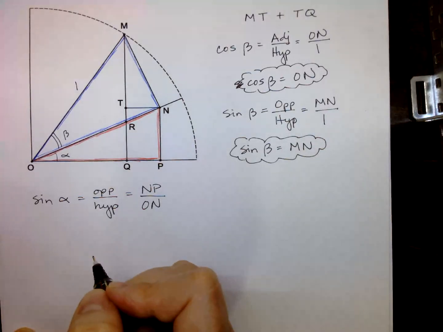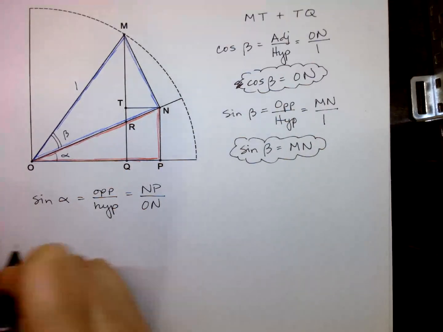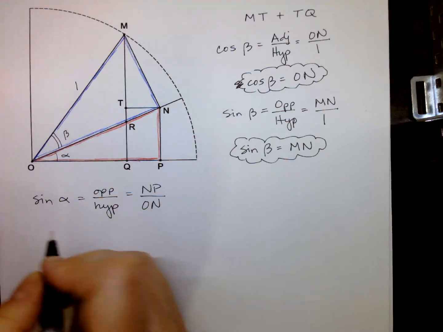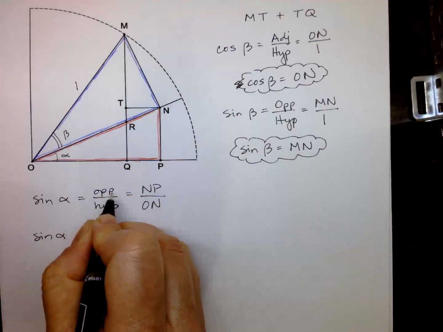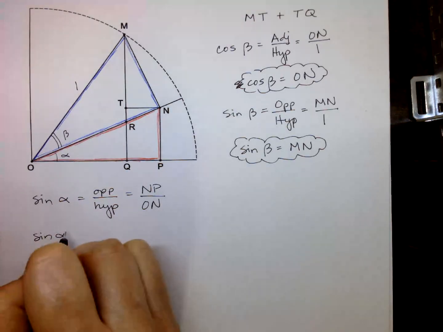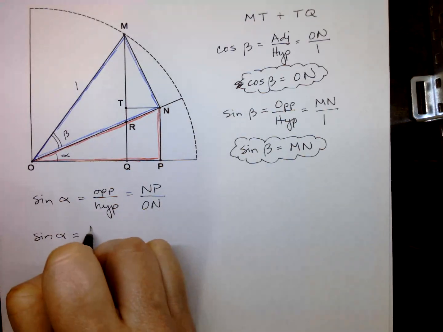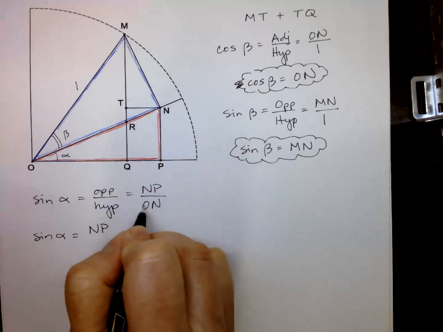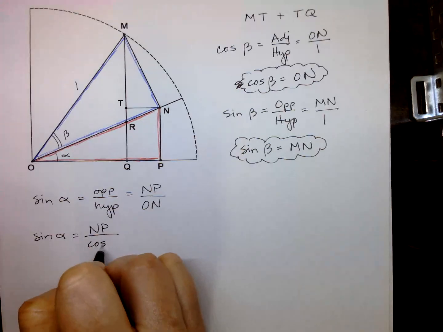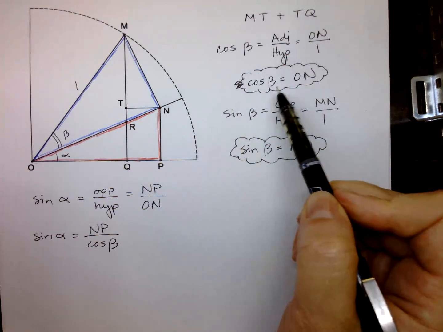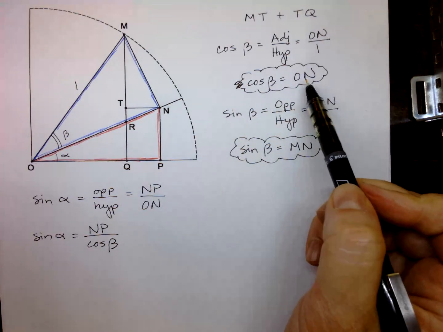Now, you might be thinking, okay, that's great, but where does that get me? Just follow my lead. We've got the sine of alpha, and I'm not going to write opposite and hypotenuse this time. I'll write NP, and instead of ON, I'm going to substitute the cosine of beta, because just a minute ago we said that the cosine of beta is equal to ON.